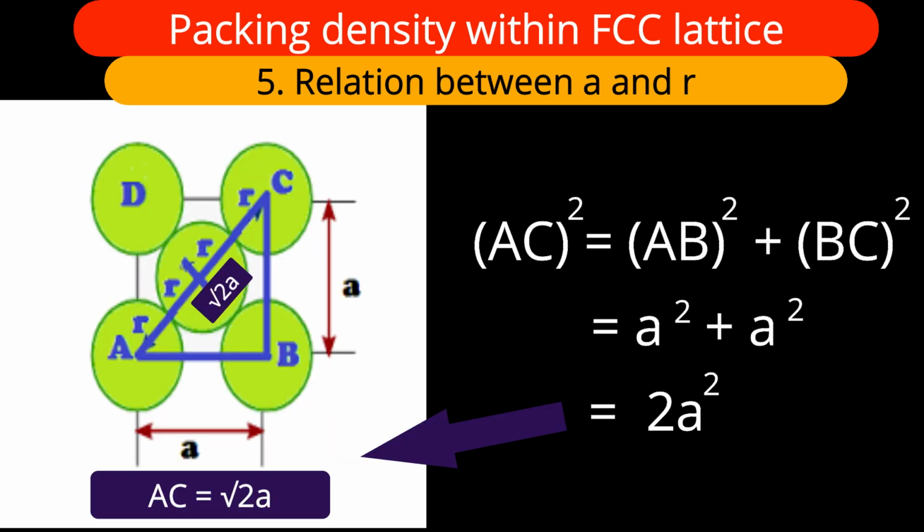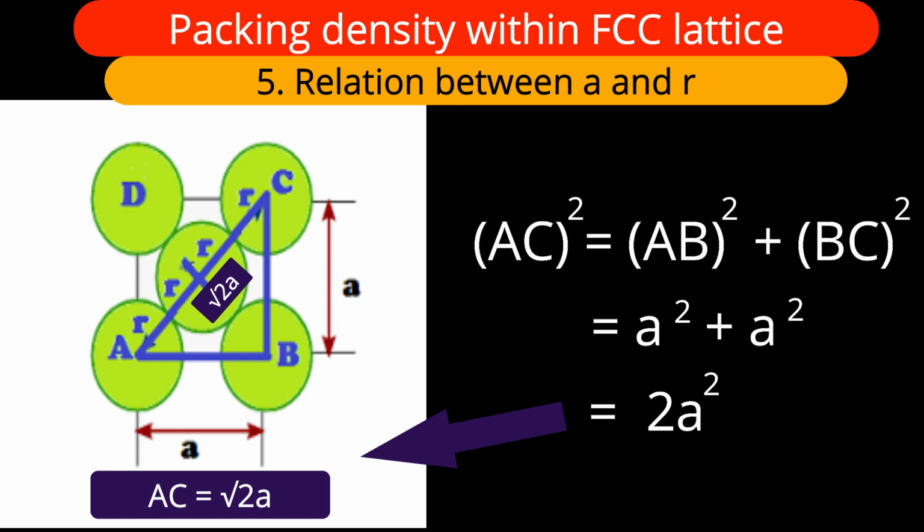For more clarity, only atoms at one face of a cube are represented here. They are labeled as A, B, C, D. Which atoms are touching each other? Along the face diagonal, 3 atoms are touching each other. Which are those?